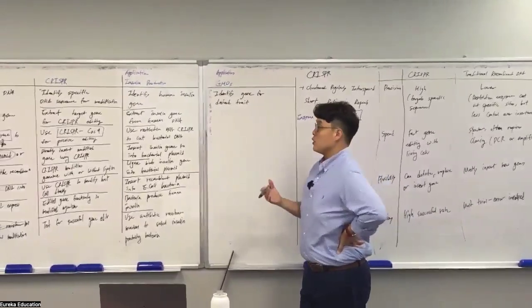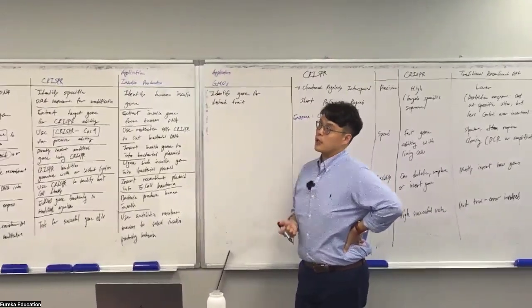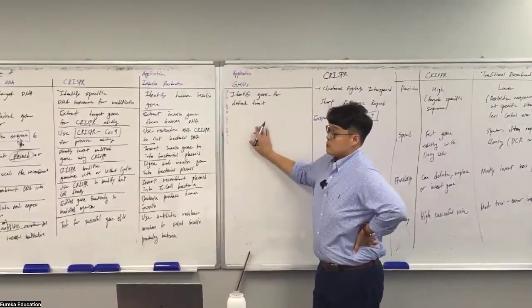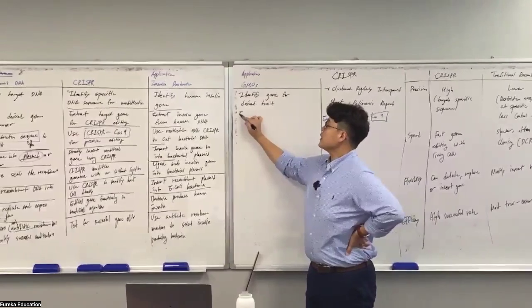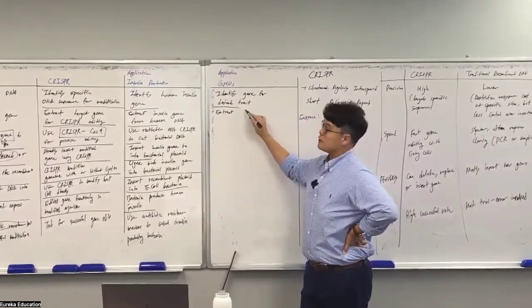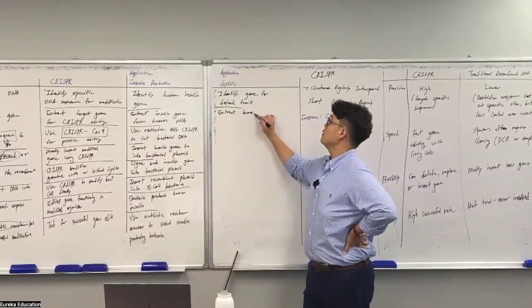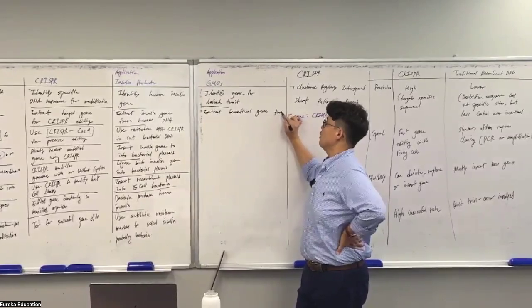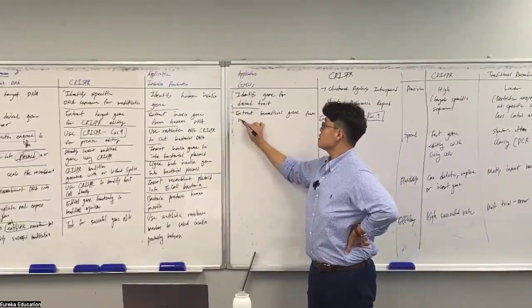It could be resistance to insects or insecticides, or some strong resilience. Then we again extract the beneficial gene from the organism.